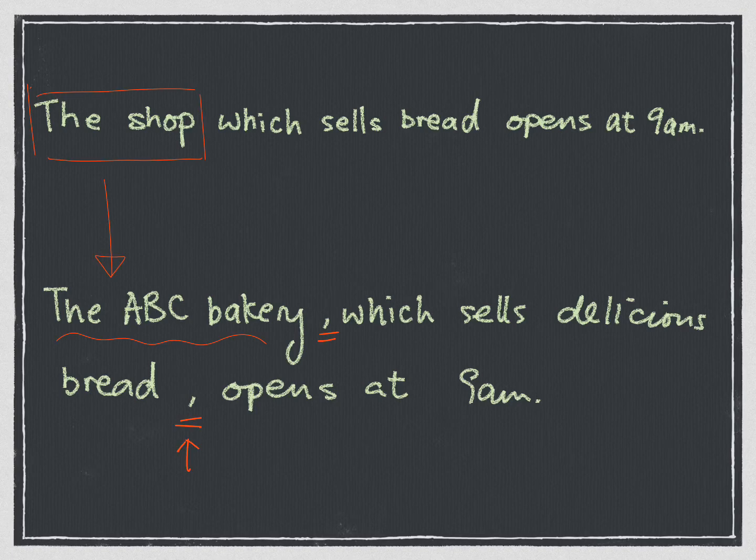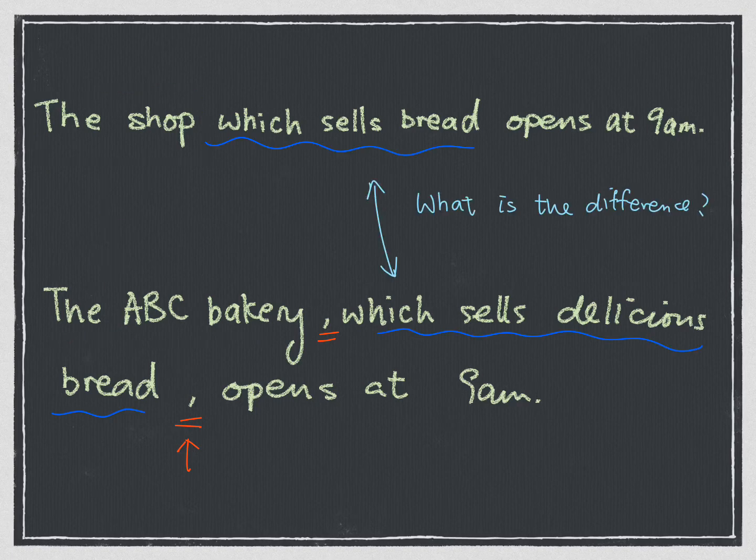Well, of course, immediately we can identify the commas used before and after the relative clause in the second sentence. And the next one would be the shop and the ABC bakery in the second sentence. So one is a more specific bakery. These are the immediate differences that you can find. But why would there be these differences?